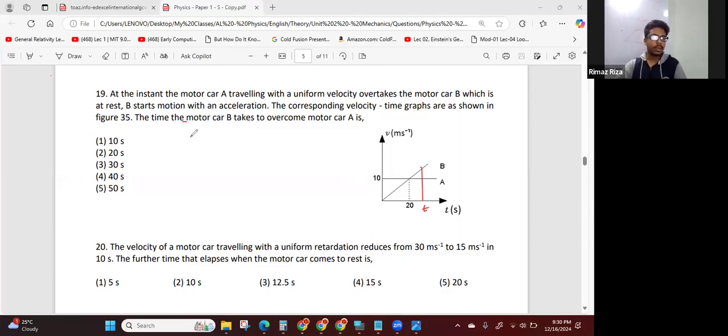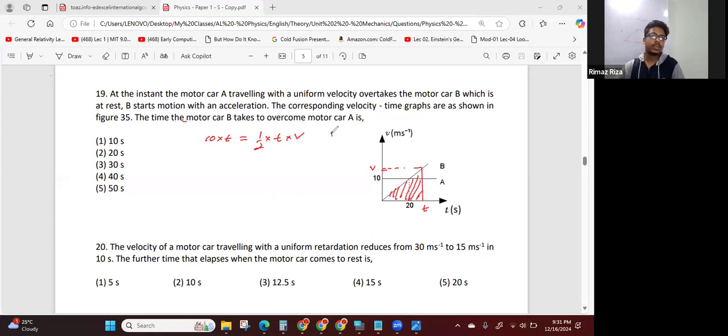So I can write 10 into t, that is the distance traveled by car A, its area, is equal to this area, which is half into base t times the velocity, which we don't know, so I say v.